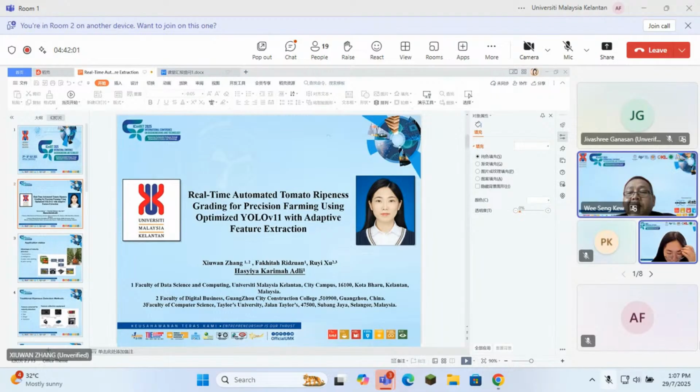I come from the Faculty of Data Science and Computing, Universiti Malaysia Kelantan, and I'm very delighted to present my latest work. Our topic is real-time automated tomato ripeness grading for precision farming using optimized YOLO 11 with adaptive feature extraction.